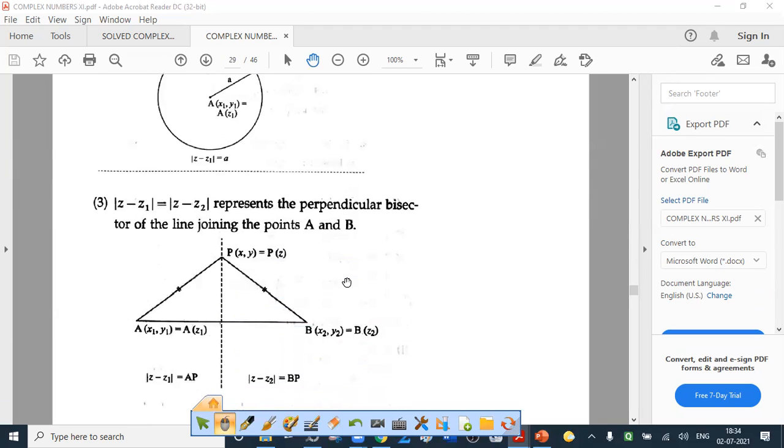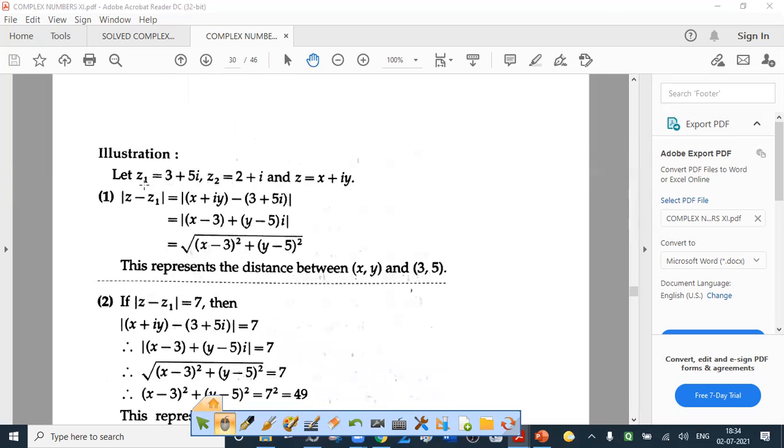Okay. Now see the illustrations. z1 is 3 plus 5i, z2 is 2 plus i, and z is x plus iy. What is mod of z minus z1? It is mod of (x minus 3) plus (y minus 5)i. Now modulus of a complex number is obtained by taking root of the sum of the squares of real part and imaginary part.